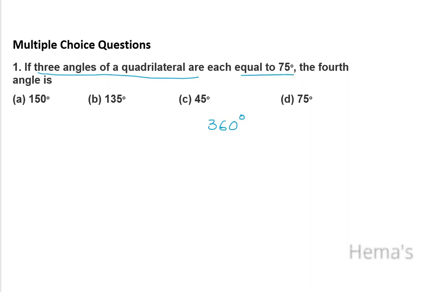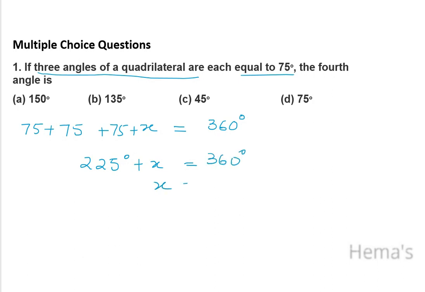So let the fourth angle be x, then 75 plus 75 plus 75 plus x should be equal to 360 degrees. So 225 degrees plus x is equal to 360 degrees. x is equal to 360 minus 225, which is equal to 135 degrees. So the correct option is B.